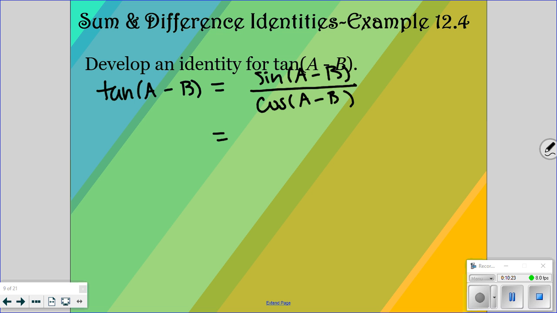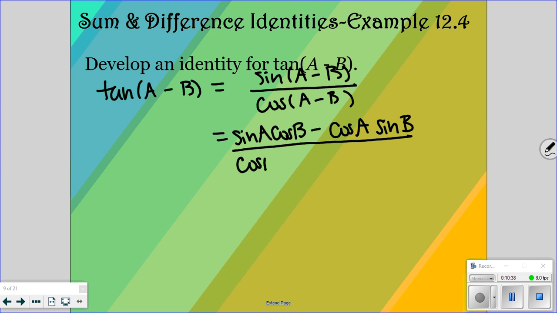And then you replace sine of A minus B with sine of A, cosine of B, minus cosine of A, sine of B. And then you replace cosine of A minus B with cosine of A, cosine of B, plus sine of A, sine of B.